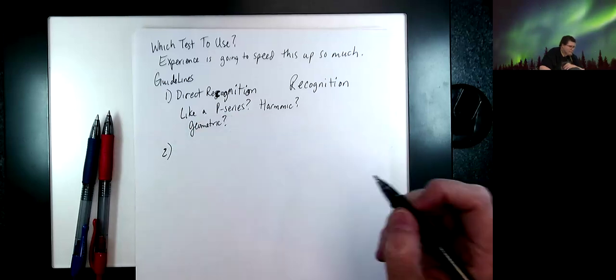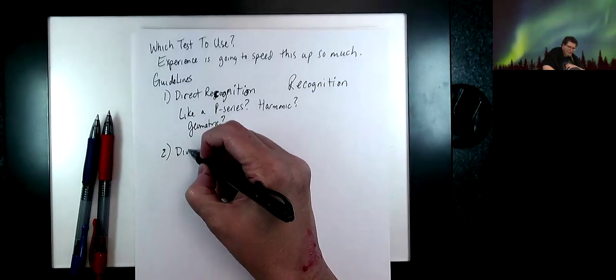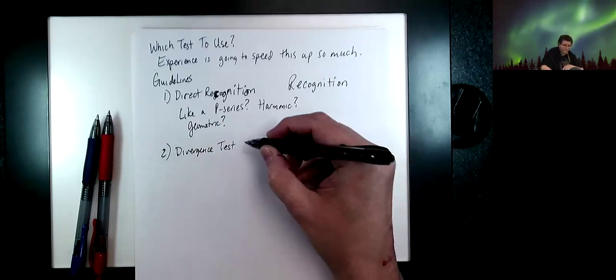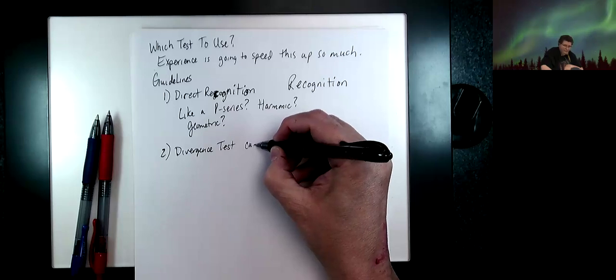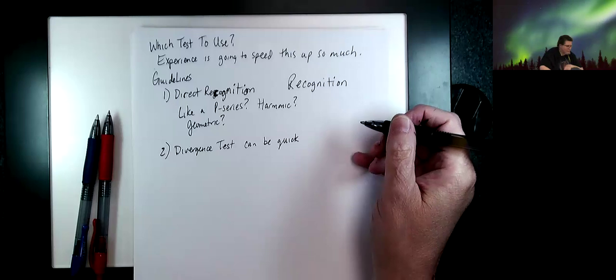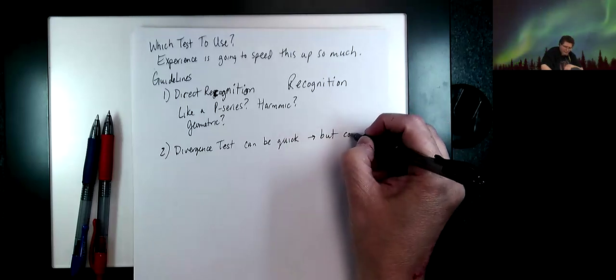If you can't spot what it is right away, the divergence test is often quick to check. It wasn't quick on that last one, but it can be quick, but it can only show divergence.